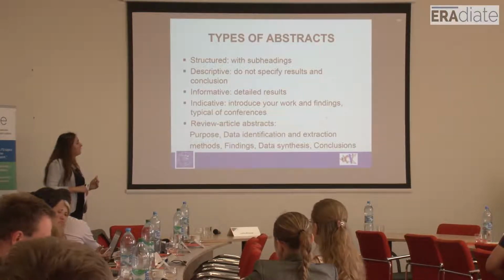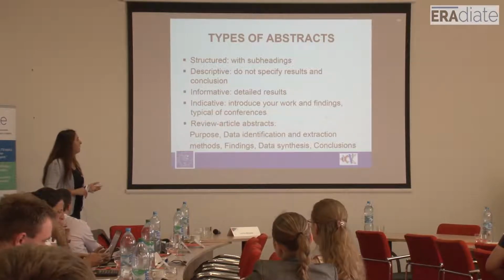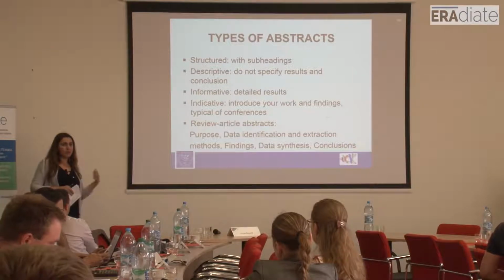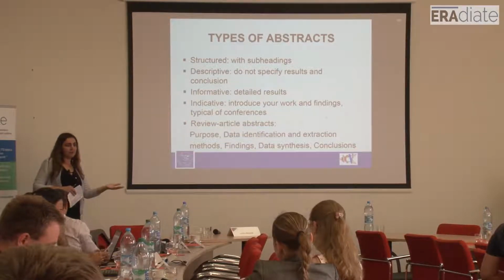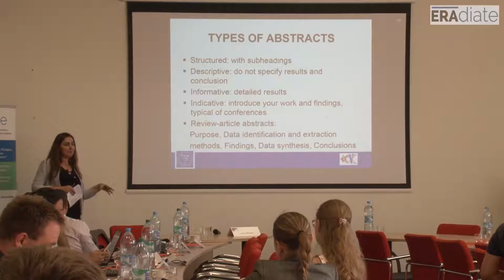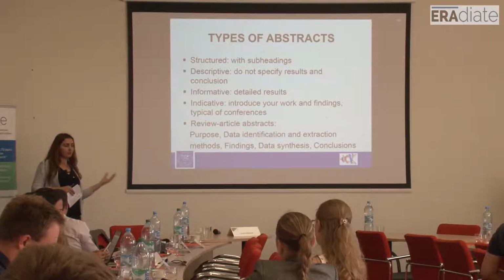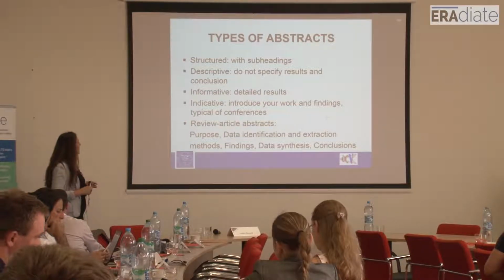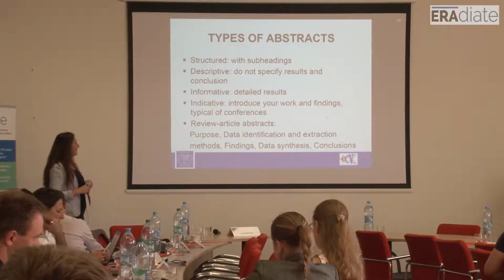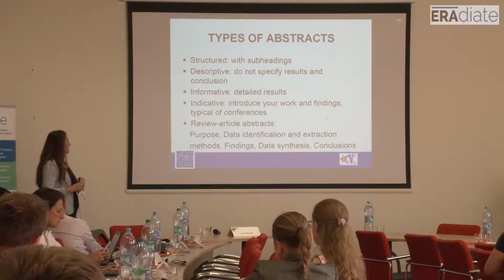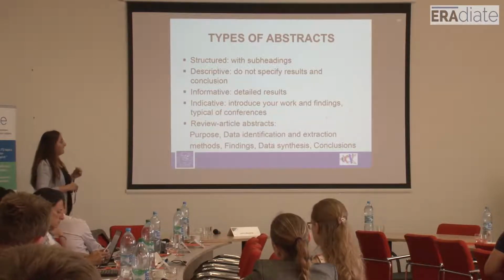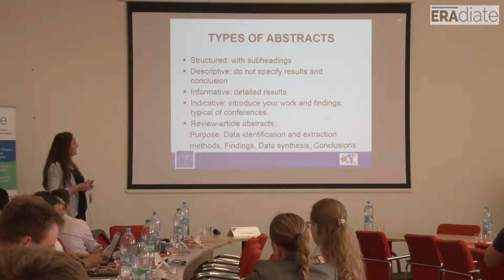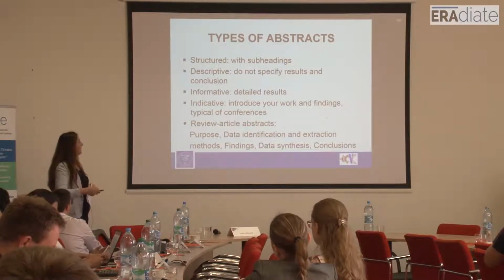Indicative, that introduce your work and findings, typical of conferences. Because once you apply for a conference, maybe your research is not complete yet, okay? It's not finished yet. And then the review article abstracts that normally consist of these parts: purpose, data identification and extraction methods, findings, data synthesis, and conclusions.